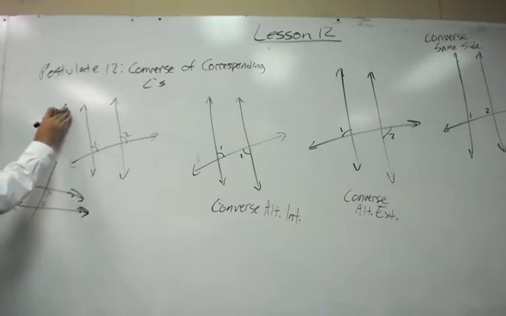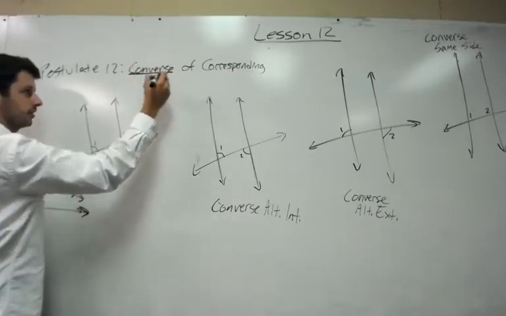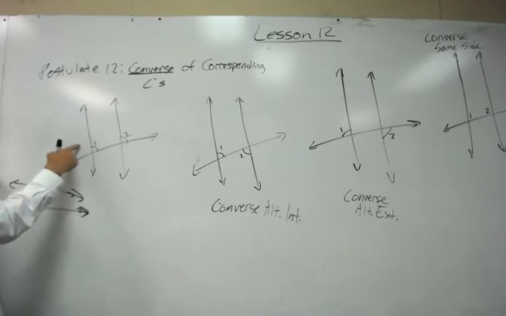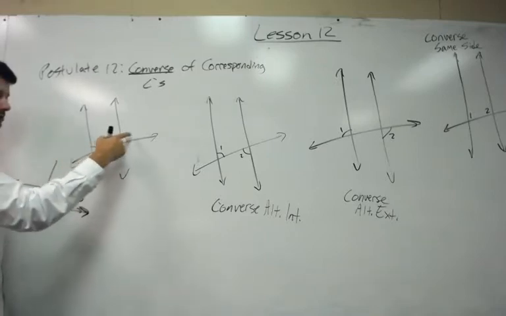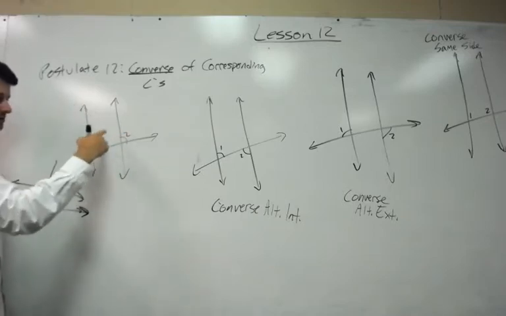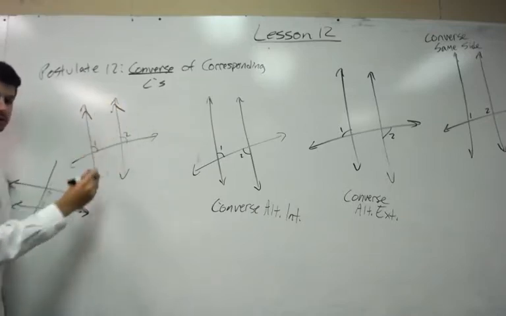If you remember that word converse from lesson 10, now we're just switching from if P then Q to if Q then P. So we said if two lines are parallel and cut by a transversal, then corresponding angles are congruent. The converse would be if you have two corresponding angles that are congruent, then the lines must be parallel.